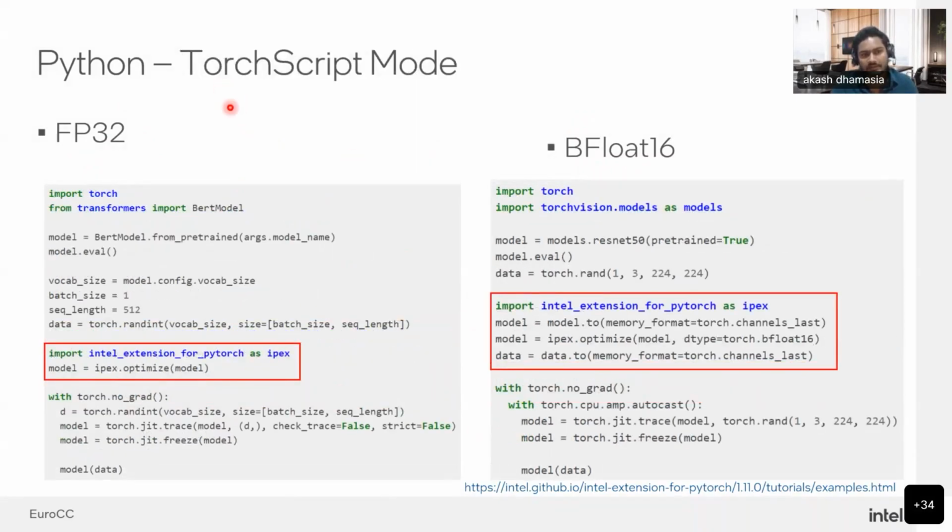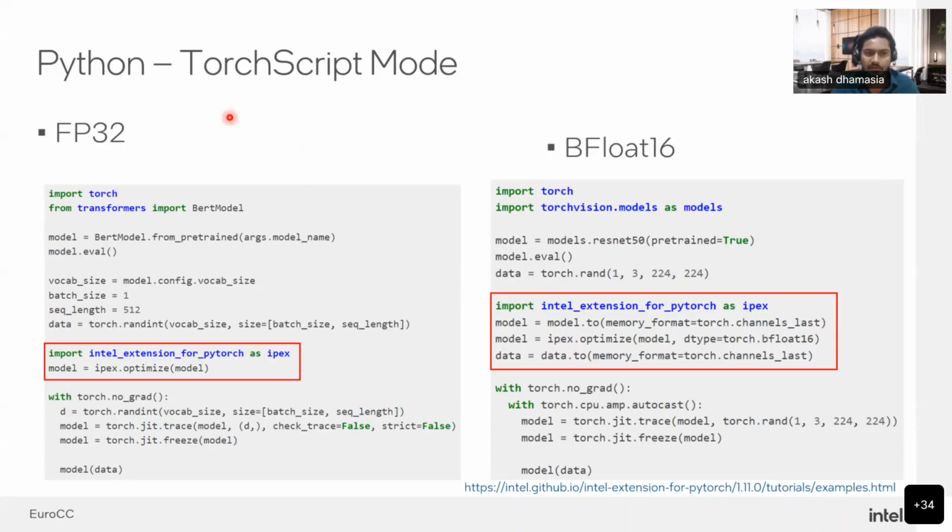Another mode I was telling you about is graph mode, which is also called TorchScript mode. Here you can make your application faster than in imperative mode. It is easier to optimize a graph than an imperative application.